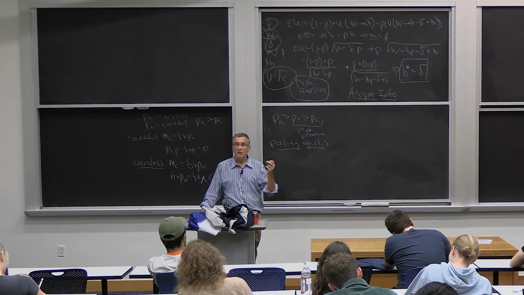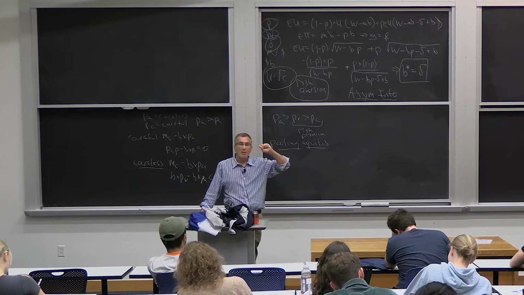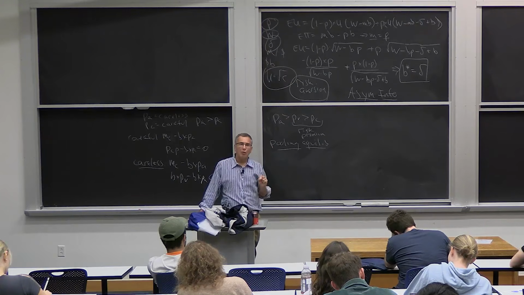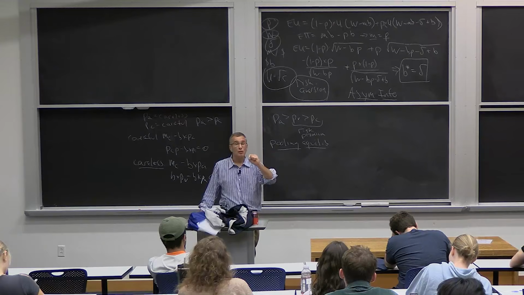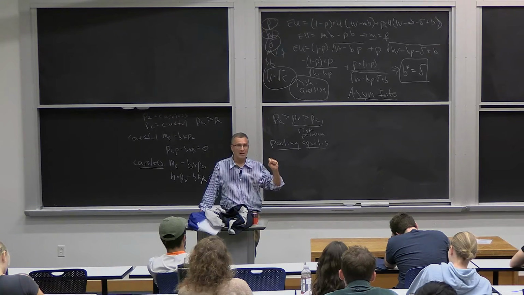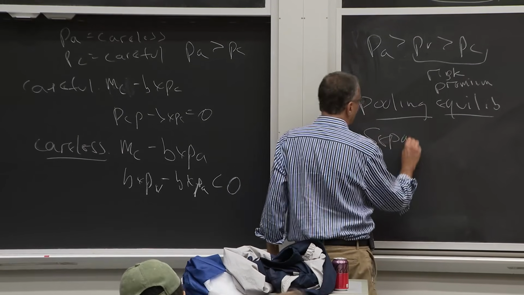Then you do it once at PC, but at a smaller amount. A small enough amount that the careless people aren't interested anymore in buying it. But the careful people might want to buy it. And you can get what's called a separating equilibrium.